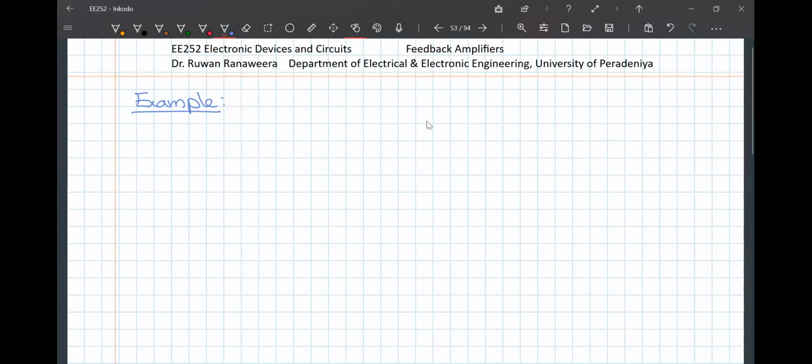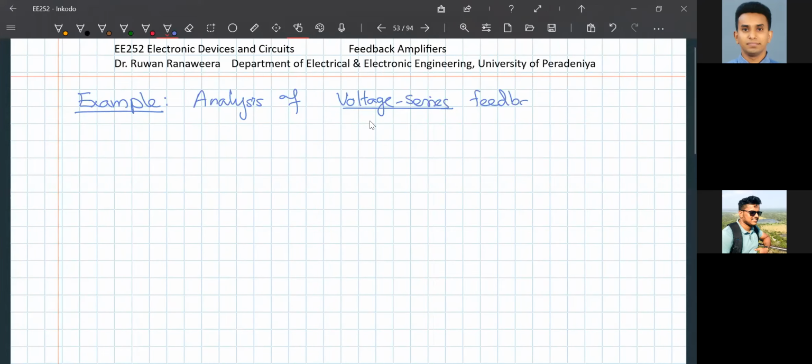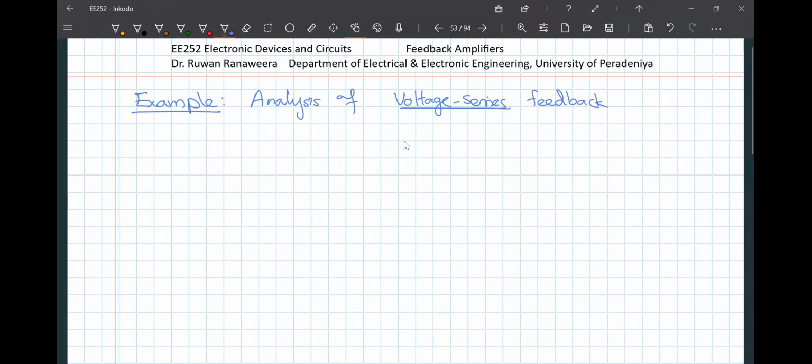Now I'm going to take a voltage series feedback circuit. Analysis of voltage series feedback circuit.